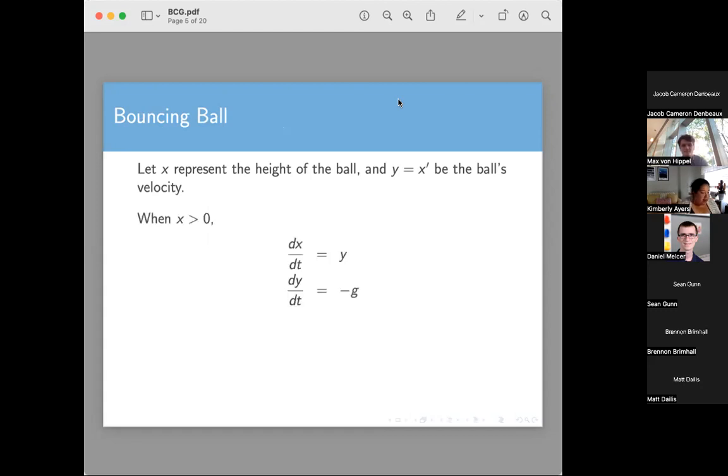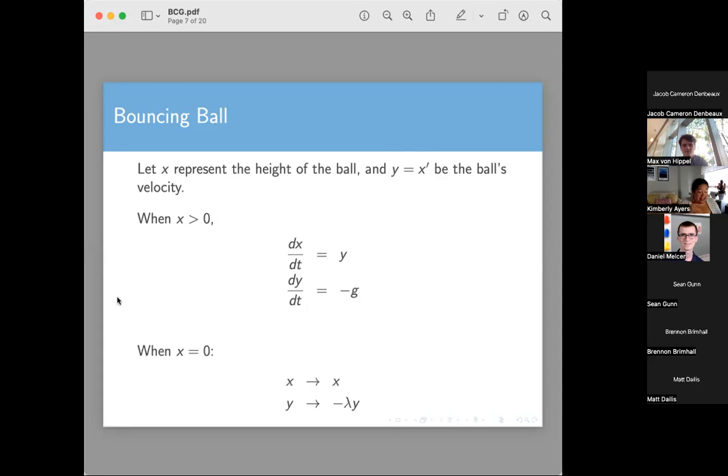Then I can write: when x is greater than 0, so when the ball is in the air and its height is positive, dx/dt is y, the same as y equals x prime. dy/dt is negative g, where g is my gravity, my acceleration due to gravity, because I'm on planet Earth.